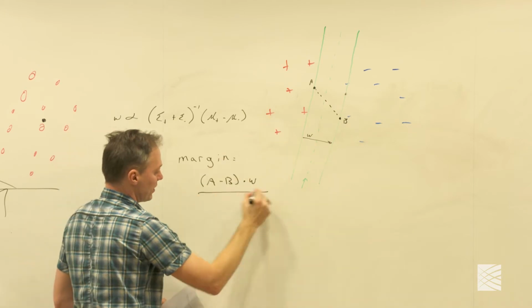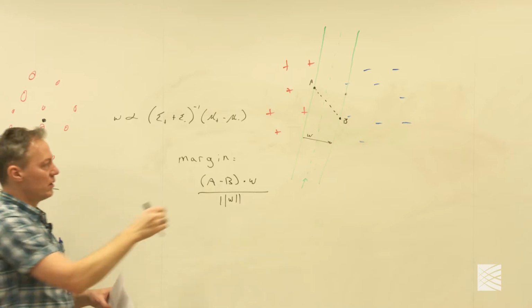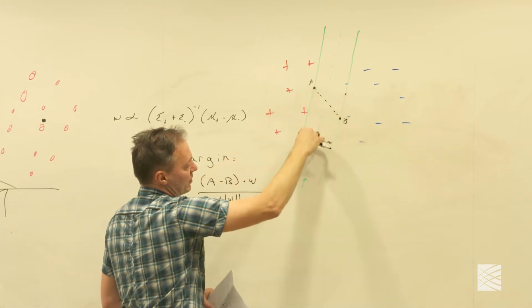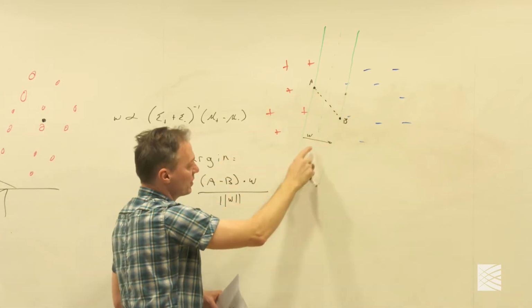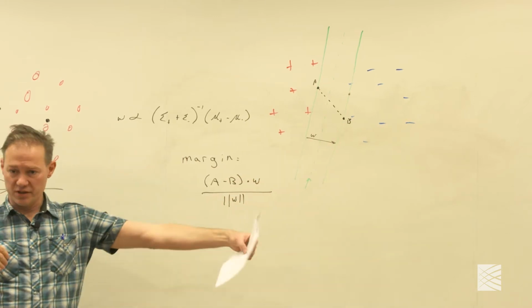Just the projection divided by the norm of W. We're just going to take whatever length this is, take the dot product with this, and then turn this into a unit vector first. And that's how wide the margin is.